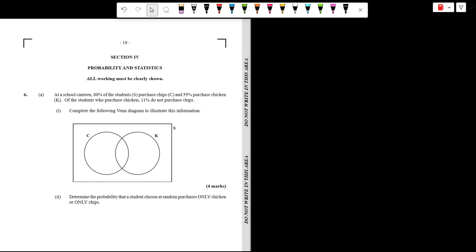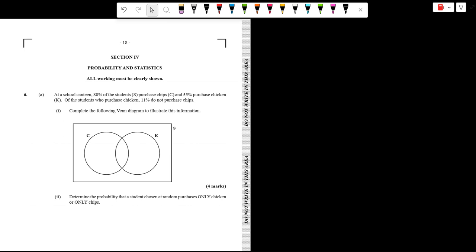So what becomes of the other 9%? The other 9% must lie outside these circles. And so we must therefore put 9 anywhere outside these circles. And having done that, we now represent the entire cohort of students at this particular school. All right? So that is how we approach that particular question.